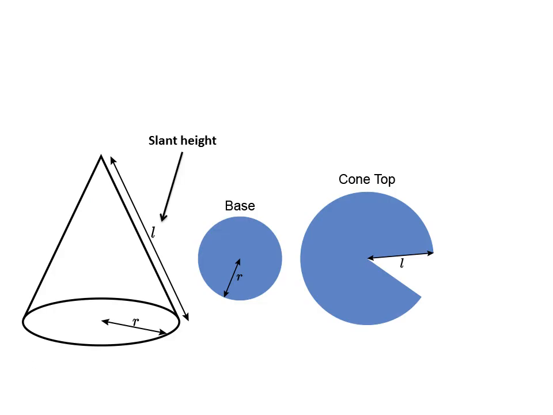The cone. How to find the surface area of a cone? Of course, the cone is a three-dimensional figure. It has only one circular base, so we must find the area of this base. Of course, the area of a circle is pi r squared.